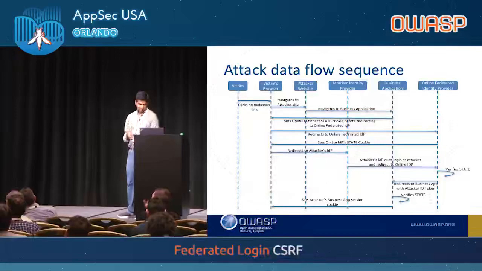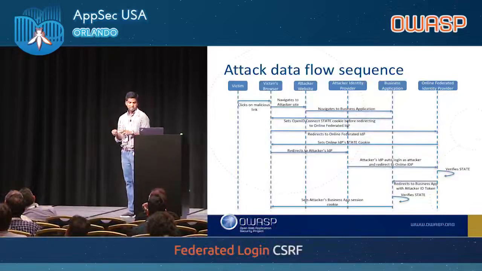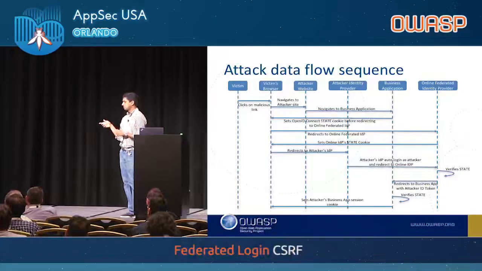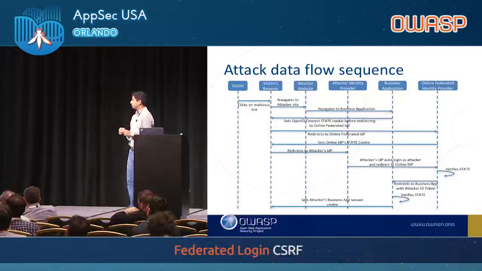So it would redirect, and it would set its own online identity provider's state cookie. You can see that this online federated identity provider also uses the OpenID Connect flow and uses the recommended state parameter.